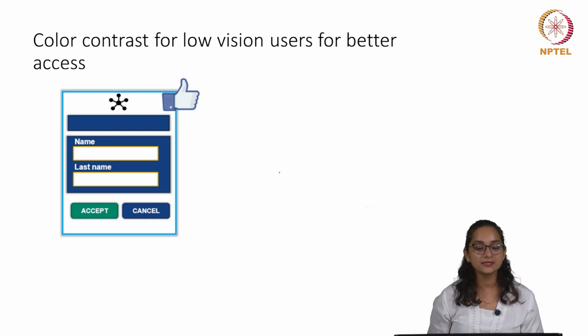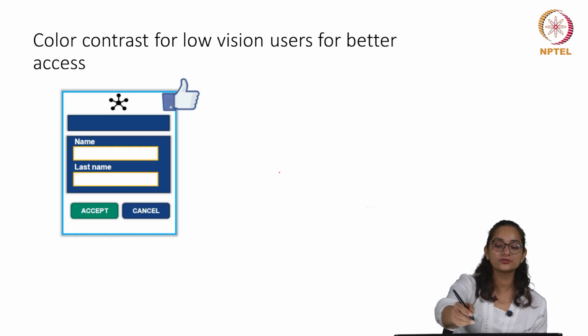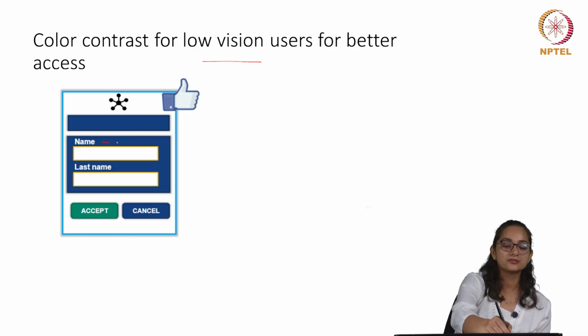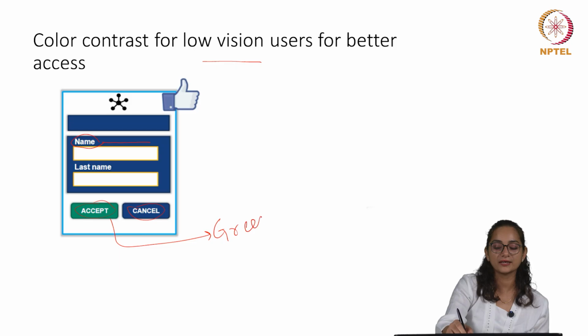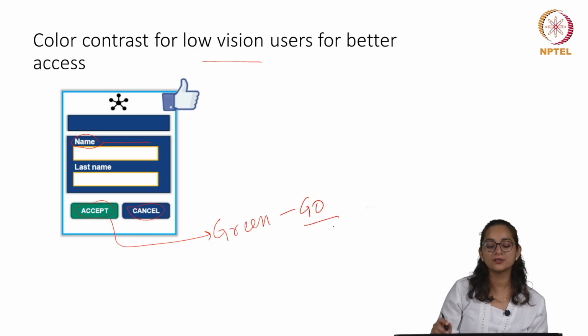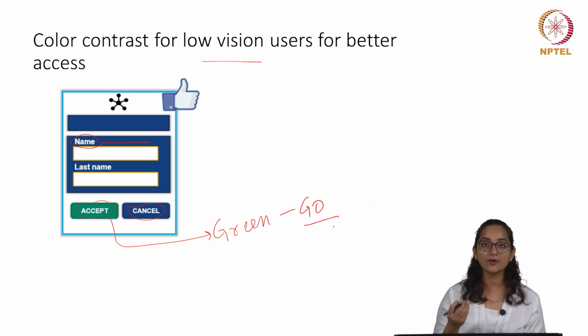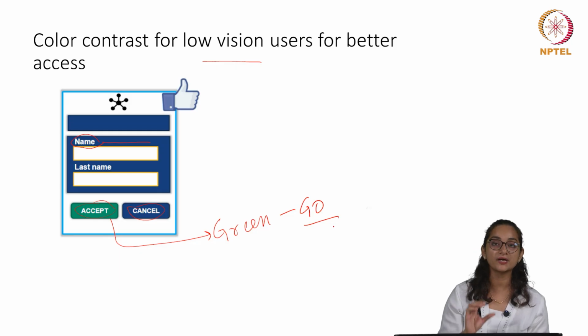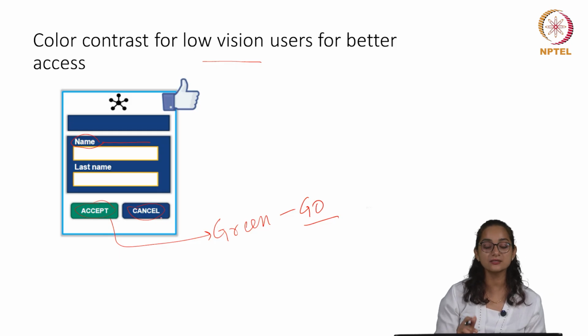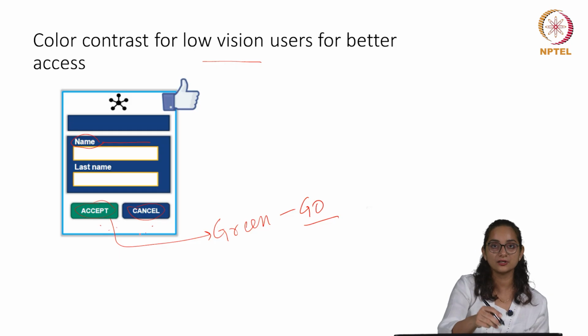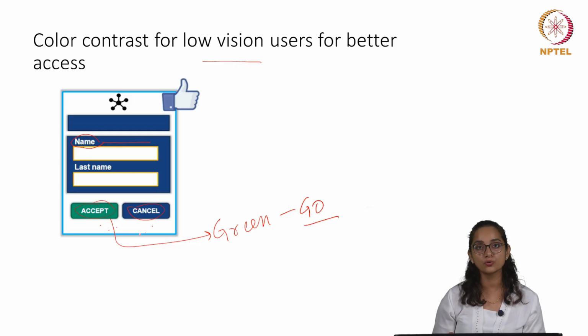So if we increase the color contrast for low vision users, this is a dark base with a bright color, same here. And then there are also these indications of green, which is universally accepted as a go. So the likelihood of committing a mistake, that once you have entered your name and your last name, by mistake you press the wrong button, decreases if you also color differentiate a go button against a no go button.